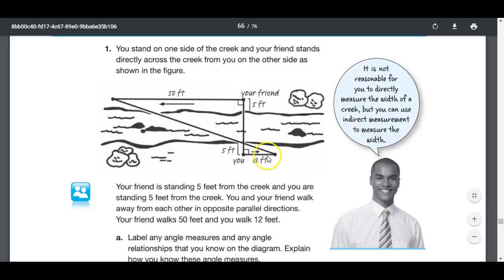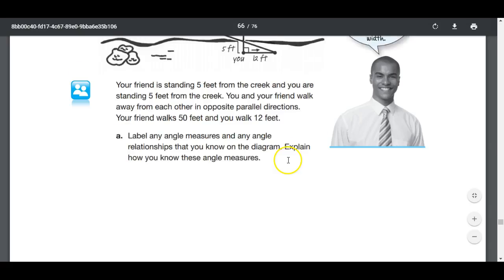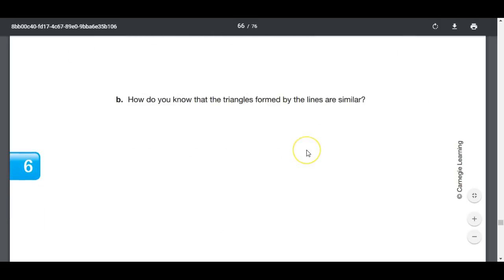Your ratio of 12 to 50 is going to be the same as the ratio of 5 to x plus 5. You'd say, okay, the river is x, so this side here is x plus 5, so 12 over 50 equals 5 over x plus 5. And you could solve that out.